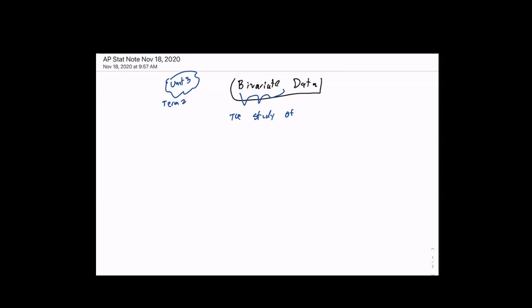We've studied, so the study of two somethings. Anybody remember from Saturday from your virtual study sessions what type of variables? No. We've already studied two categorical data. We already did that in chapter 3. So two quantitative variables. So that's what bivariate data is.